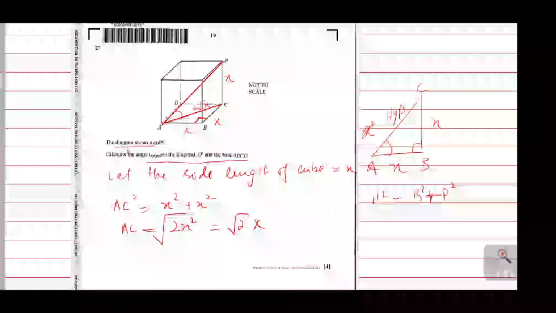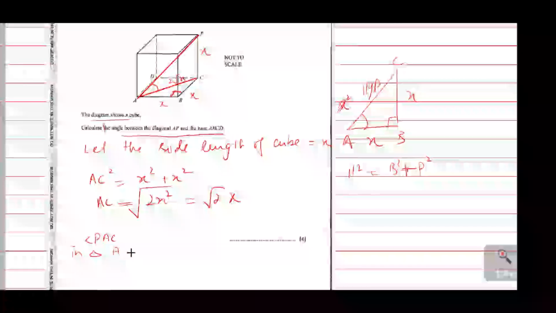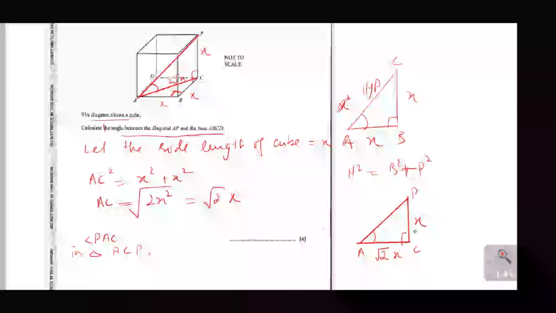To calculate the angle PAC, this angle PAC lies in the triangle ACP, and this is a right angle triangle. Therefore, we use the trigonometric ratio to calculate this angle. This is the right angle at C. This length is x. This length is square root 2 into x. We can calculate this angle PAC using the trigonometric ratio.